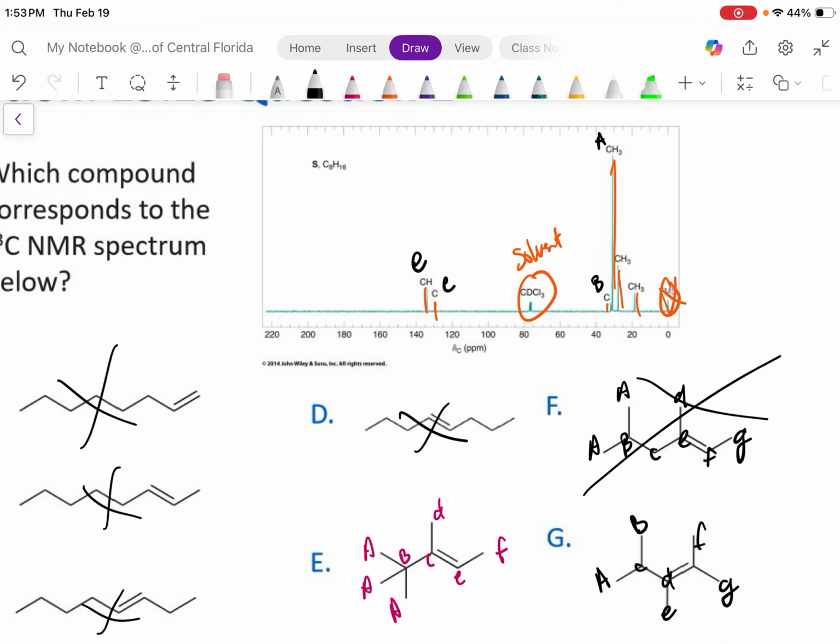And now between D and F, let's see here. Well, maybe A. Yeah, so what would we say for those last 3 methyl groups? How would we identify those? So I'm going to open the table. I'm going to open my book real quick just to confirm a few things about the chemical shifts of those different types of carbons there.